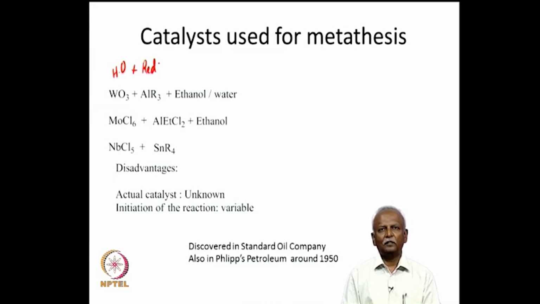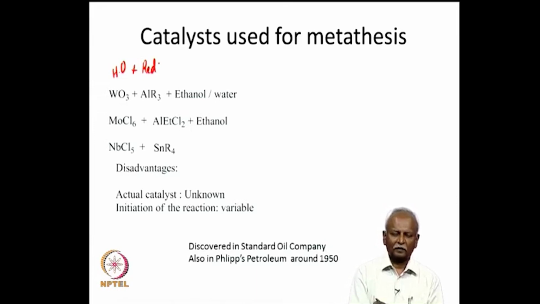There were several disadvantages for this particular mixture. One was the fact that the catalytic species was not known. It could be a variety of different species which were generated starting from this mixture. So, the catalytic species itself could not be modified.